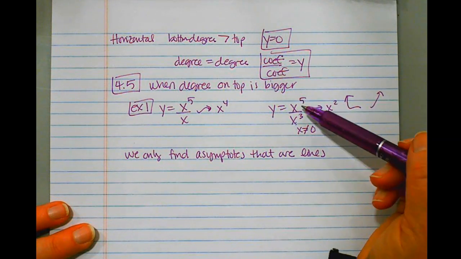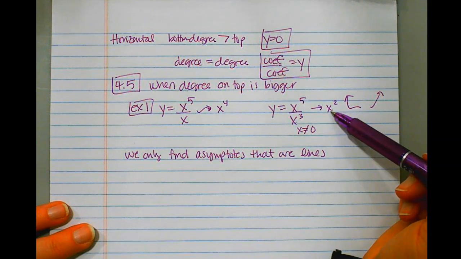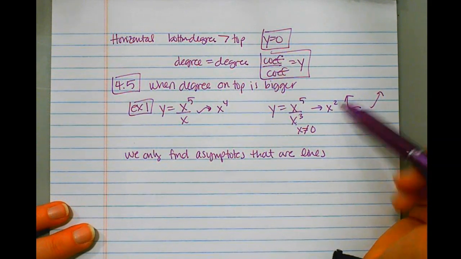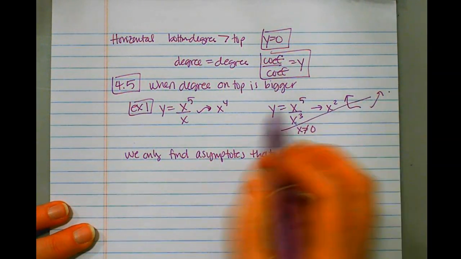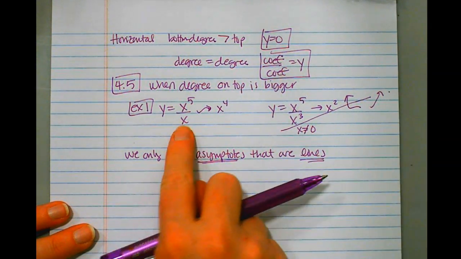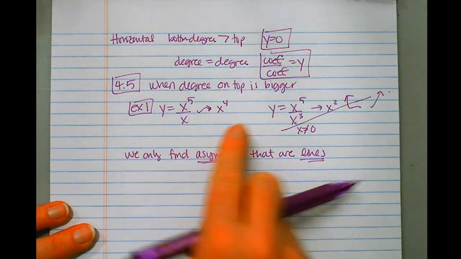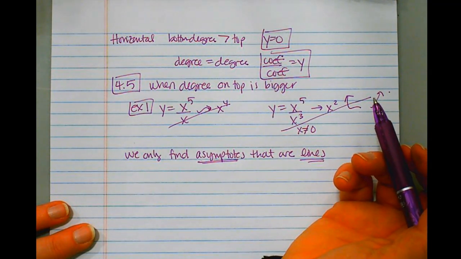And if we say x to the 5th over x cubed, x squared is not a line. X squared is a parabola. So we're not going to find this one. We're just going to say this one doesn't have an asymptote because asymptotes means lines. This one is x to the 4th. It's not a line either. So we're going to say it doesn't have an asymptote. It doesn't fit that rule.